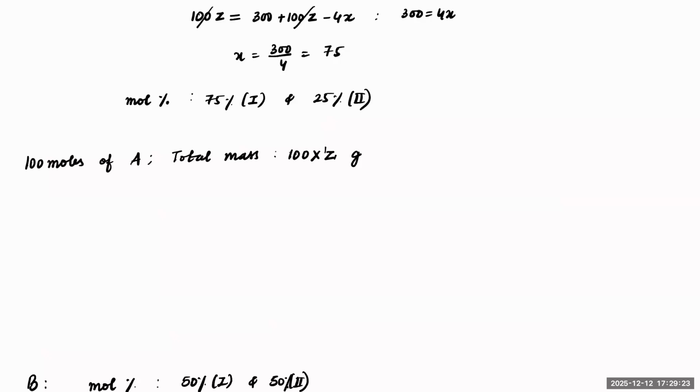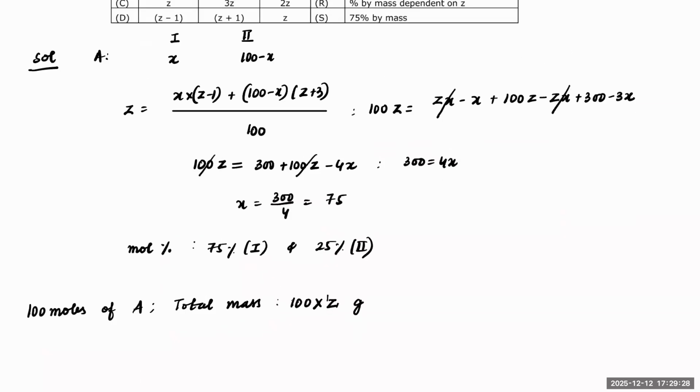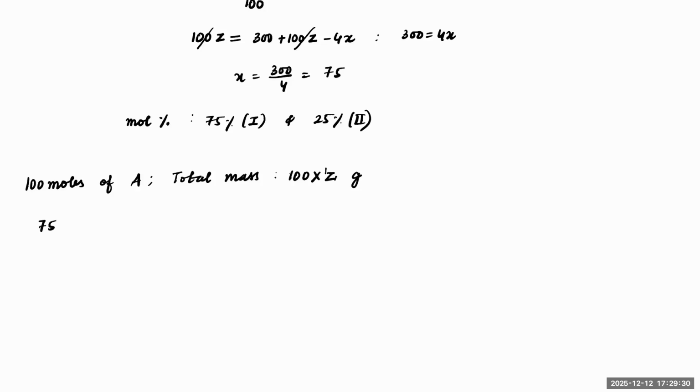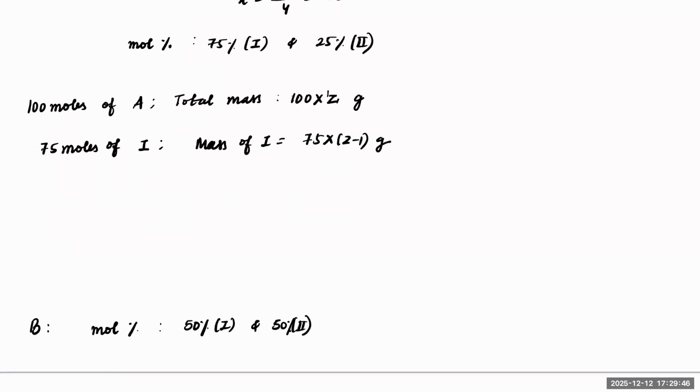Then individually, if you compare, we have 75 and 25. So 75 moles of the first isotope. That means the mass of the first isotope is 75 multiplied by its molar mass, which is Z minus 1 grams, right?